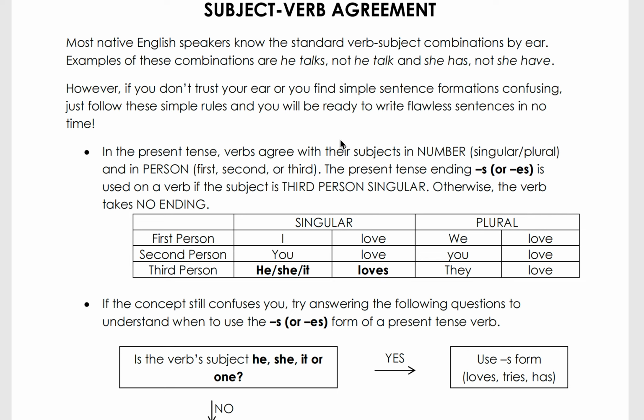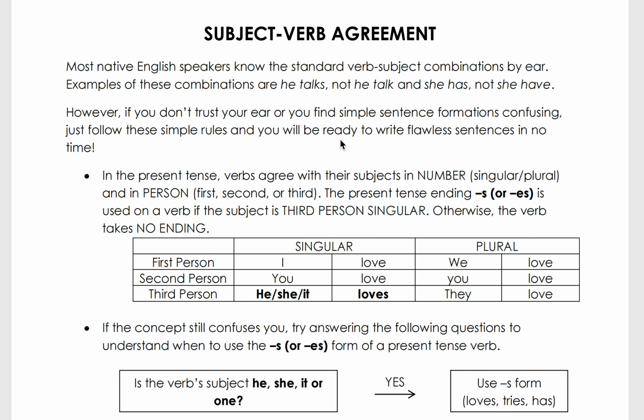When you study subject-verb agreement, oftentimes the question is in simple present. It means you need to understand that singular and plural take different forms when it comes to the verb. As you can see here, for the first person, the verb will not have any s at the end.